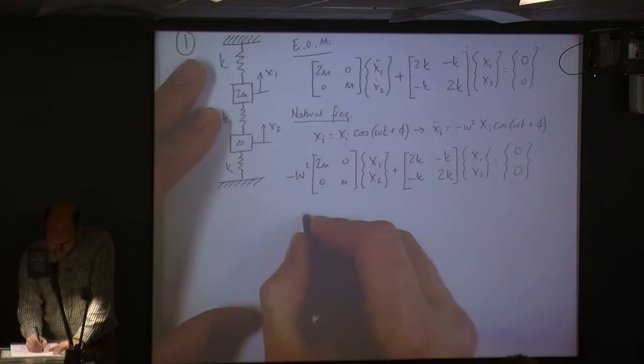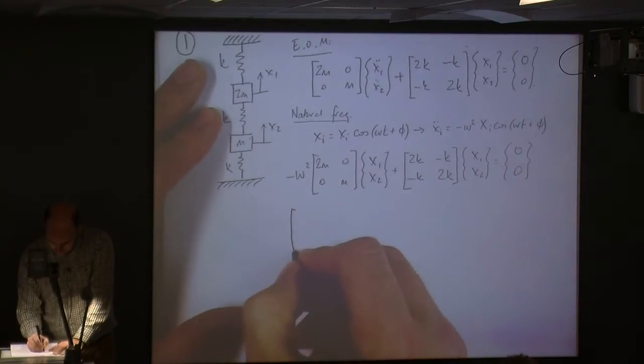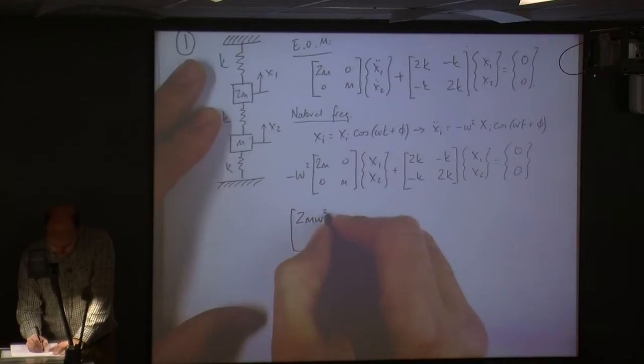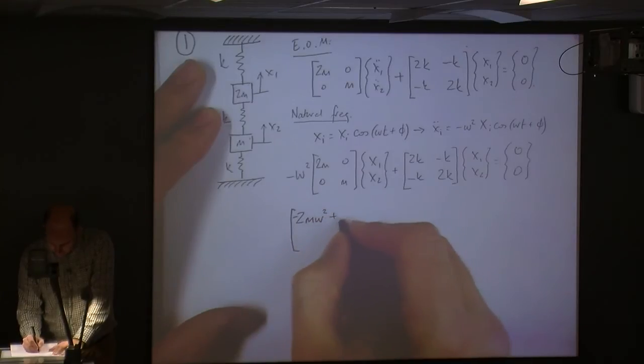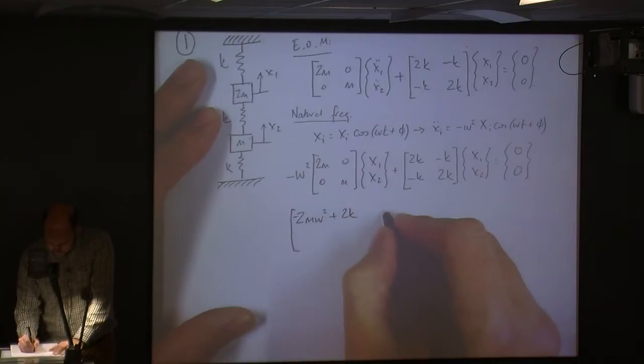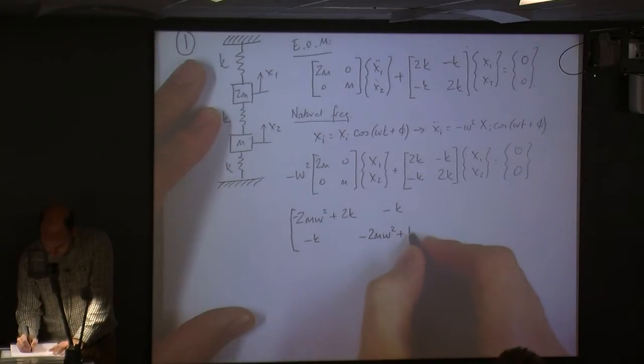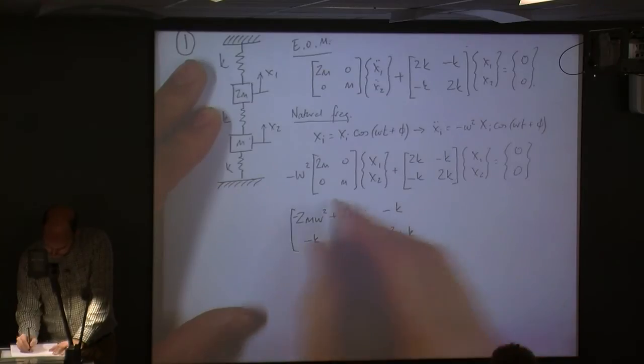And so we end up with, for the mechanical impedance matrix, we've got minus 2m omega squared plus 2k, minus k, and minus k, minus 2m omega squared plus k, plus 2k.